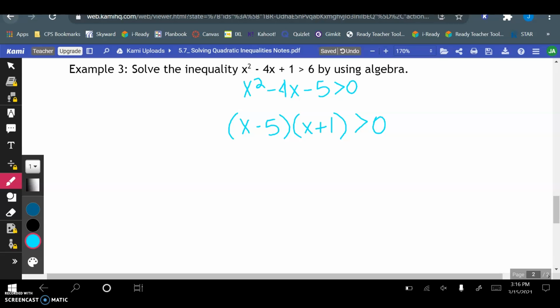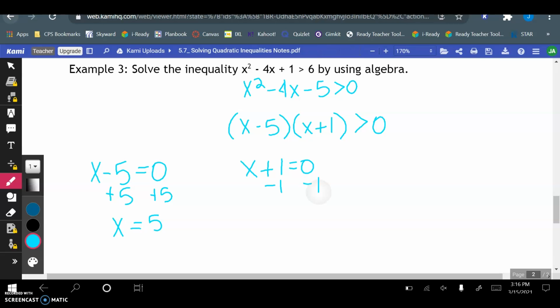And then now we're going to split these into 2. We have x minus 5, and we're going to change it to equals. X minus 5 equals 0, and we have x plus 1 equals 0 as well. So we're going to add 5. So x equals 5, and then we're going to subtract 1. X equals negative 1.